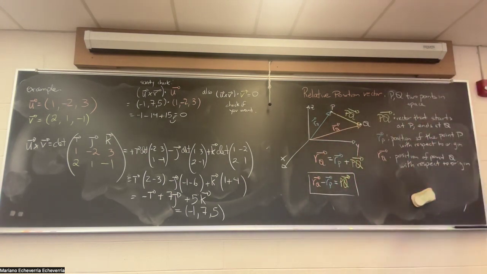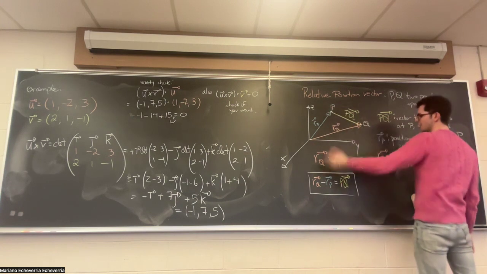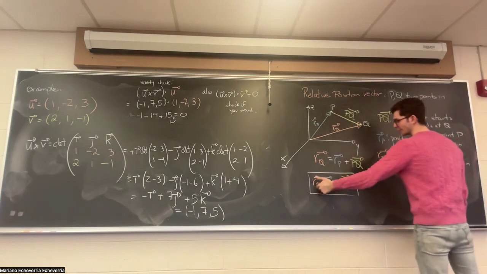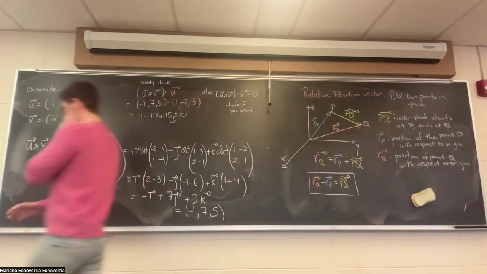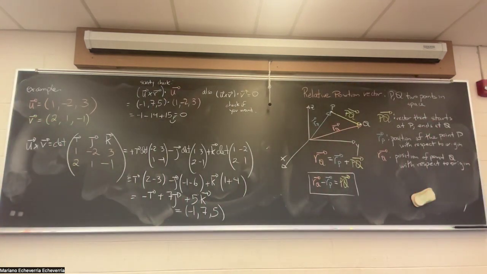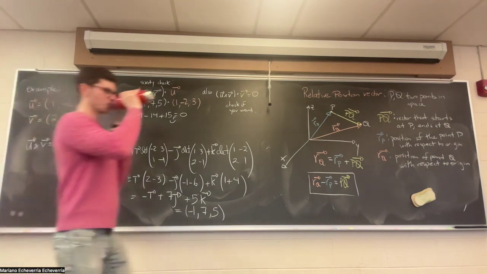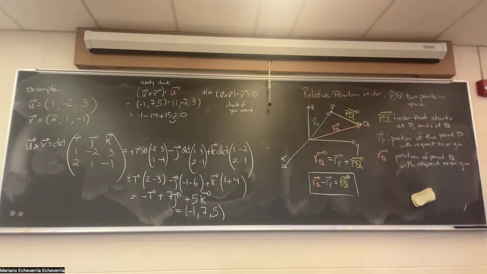So the vector that goes from P to Q is just the position of Q minus the position of P. Is that making sense?